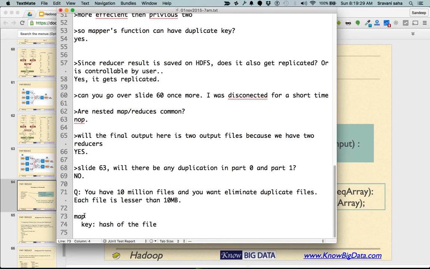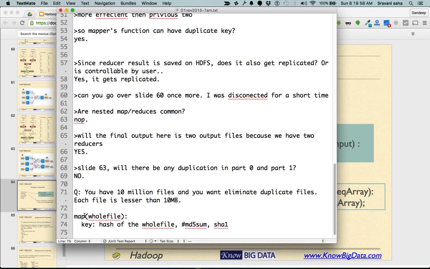So in map, we expect the whole file will be given as input. We will talk about how we can configure Hadoop to send us the whole file instead of one line at a time. So here we will compute the hash of the whole file. Who knows what a hash is? A hash is a signature tool, and there are many such things like MD5 checksum, SHA-1.